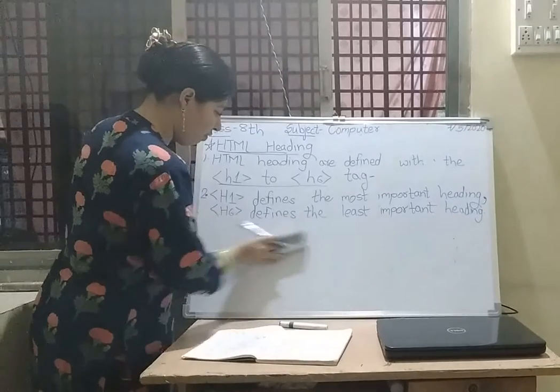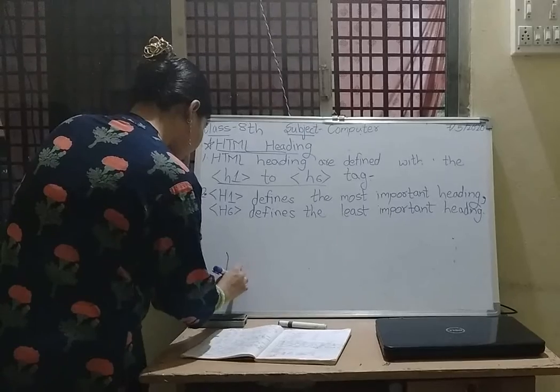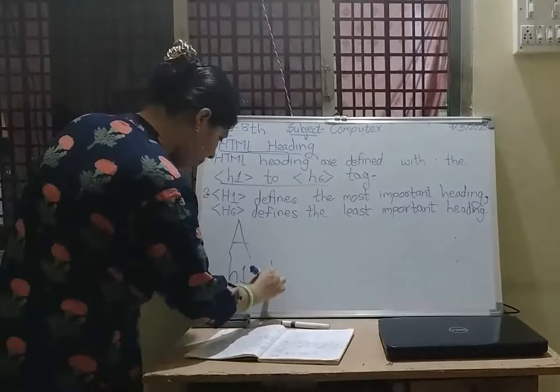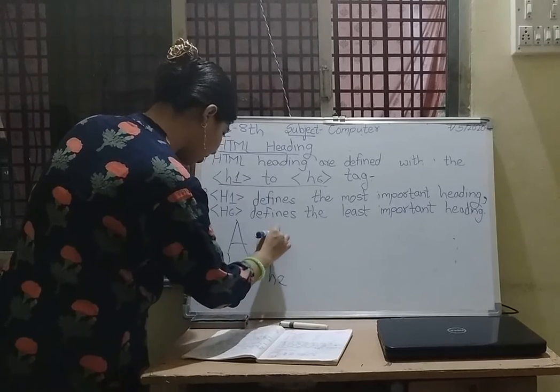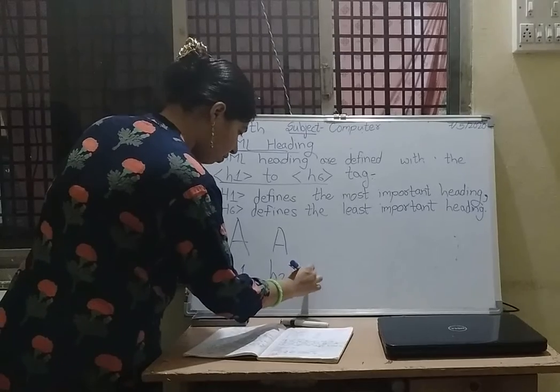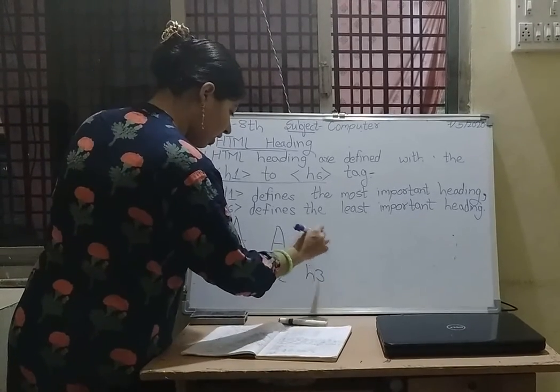Likewise, H1 heading is the larger heading, the very large heading. Next one is the H2 type of heading. It is a little bit smaller than the H1 heading. Next one is H3. These are the tags. So it is a little bit smaller.